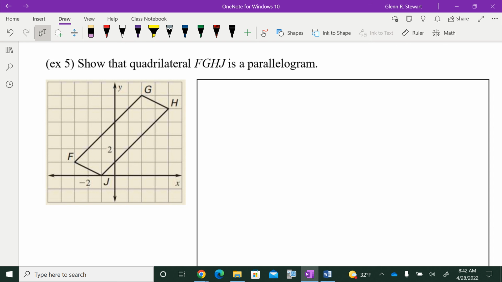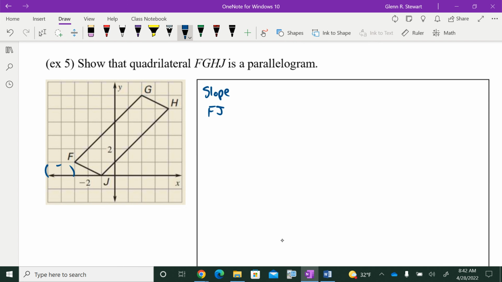That's what I'm going to use for this one, so you get the idea of both of those skills, finding the slope and also using the distance formula. So I'm going to first start off with the slope of FJ. I think that's probably the easiest one to do.